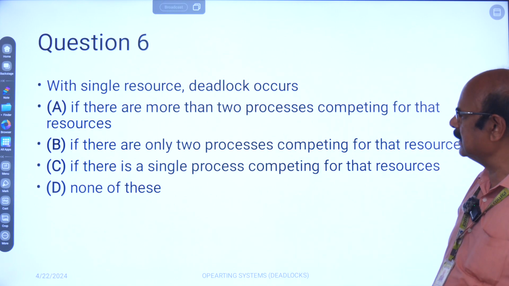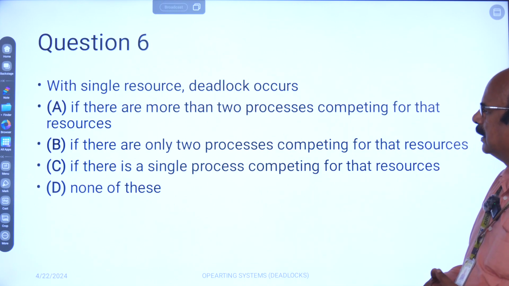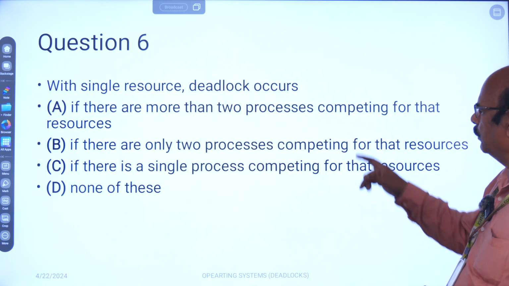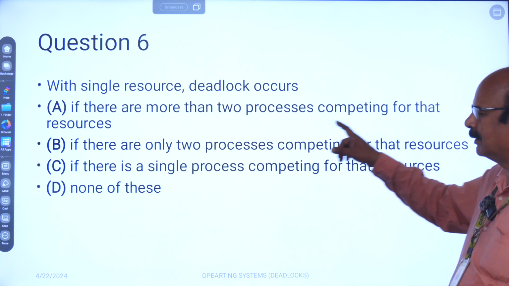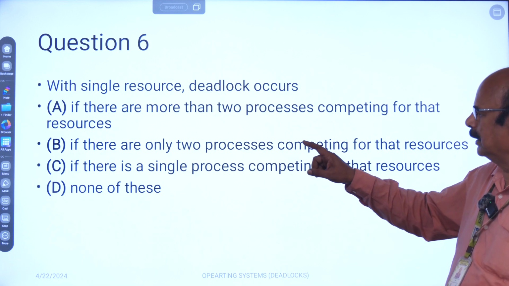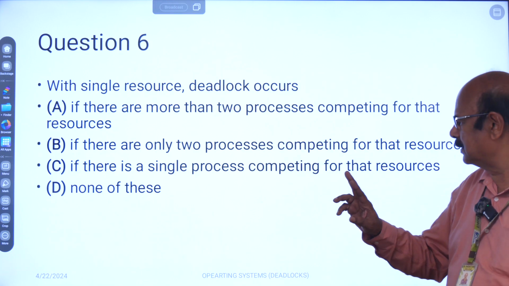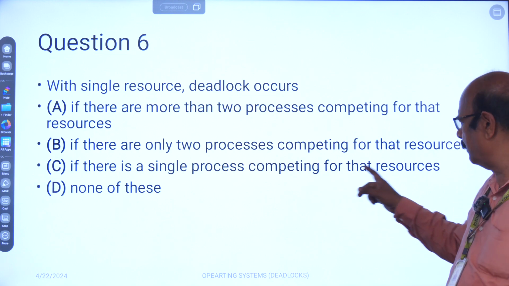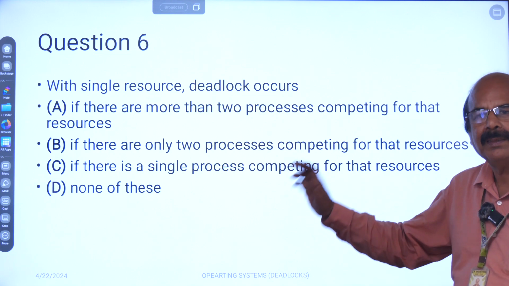Next, with a single resource, deadlock occurs if there are more than, option A, two processes competing for the resources, if there are only two processes competing for the resource, if there is a single process competing for the resource, or none of these.